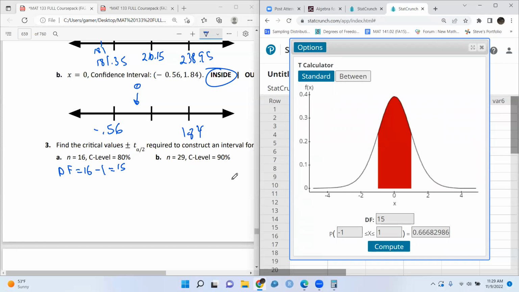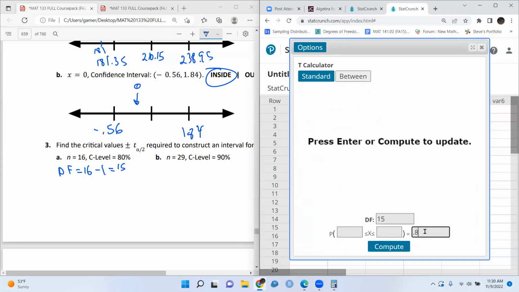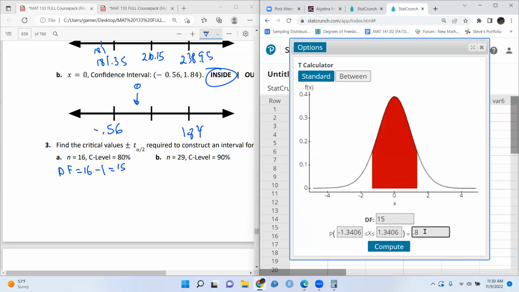You got to be between 0.80. Good. And we would write that as the plus or minus, right? Right. Because you're asked to find both of them, and they are symmetrical, just like the Z critical values.